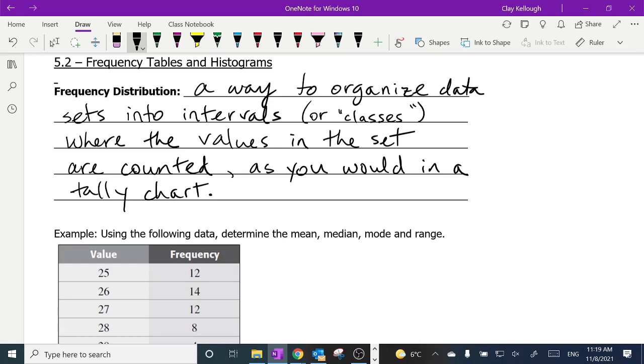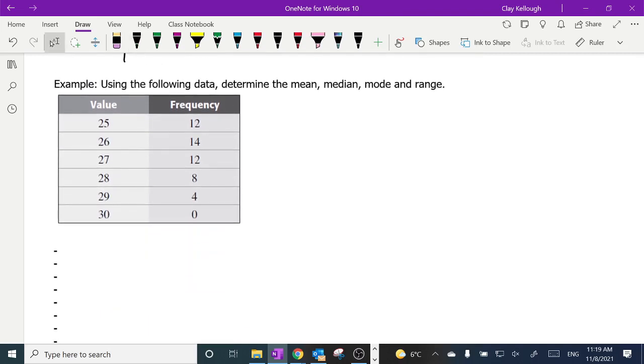So let's take a look at some data here that's been grouped in a frequency table. What does this data mean? It means that I have a set of data where the value 25 has happened 12 times.